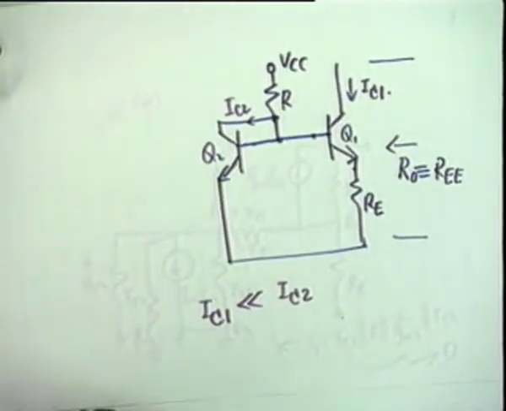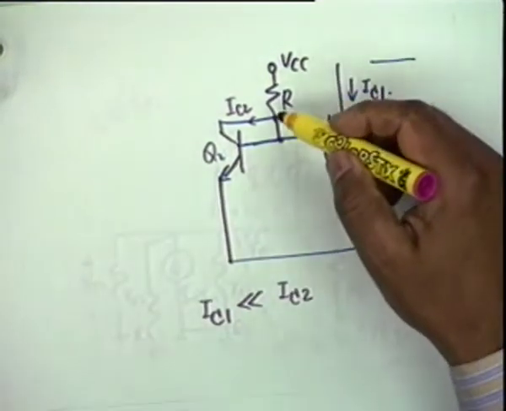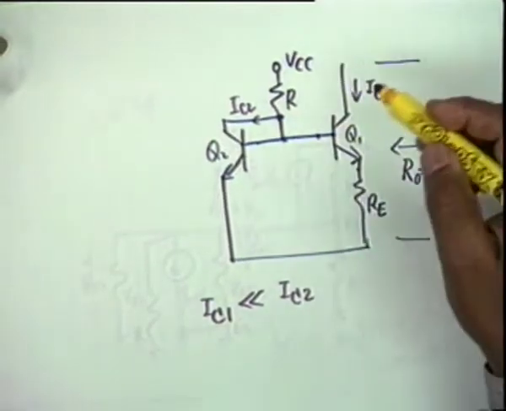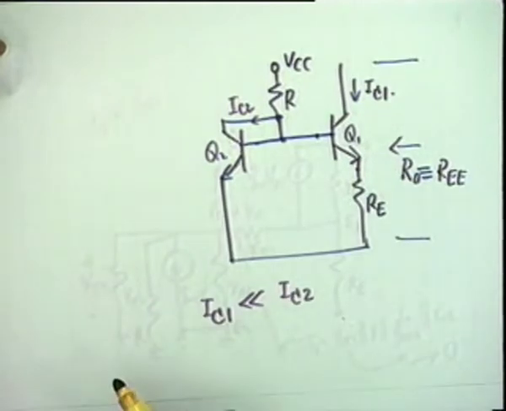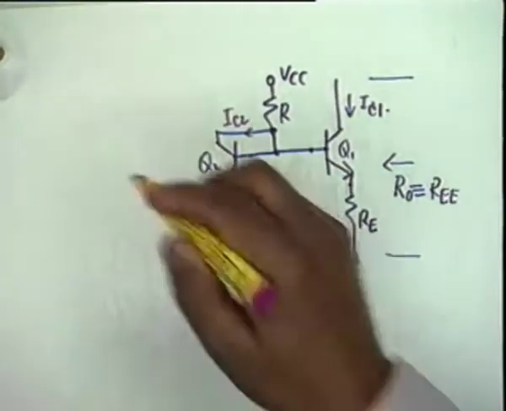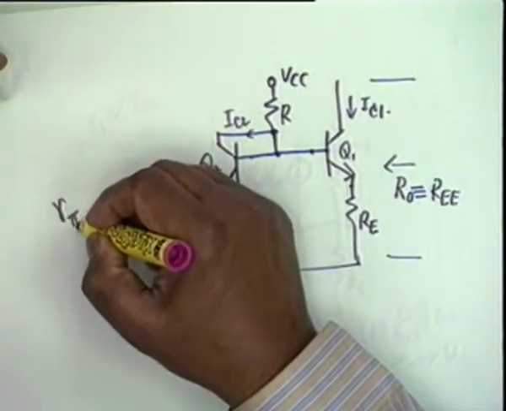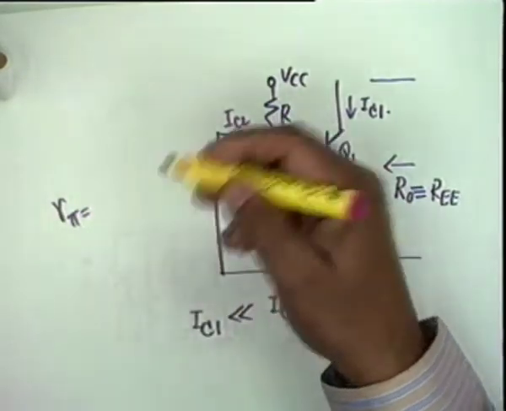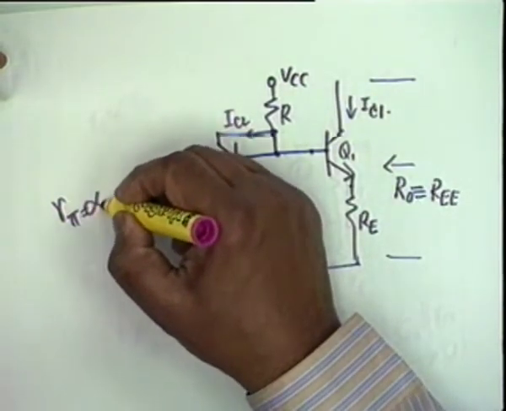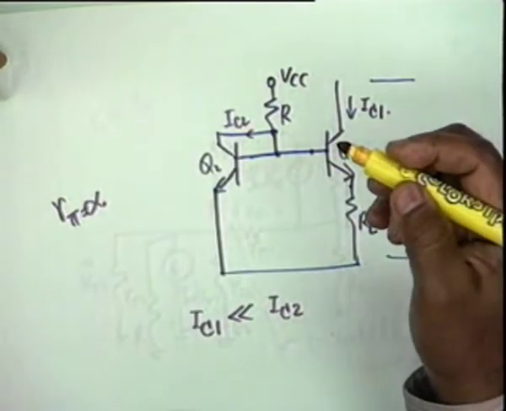In the example that we took, 50 microampere, and this was 1.43 milliampere. Now, if the currents are different, what about their GMs? No, what about their R pi's? R pi is beta by GM, which means that R pi would be proportional to 1 by IC.